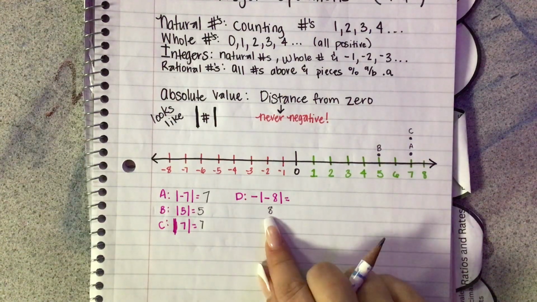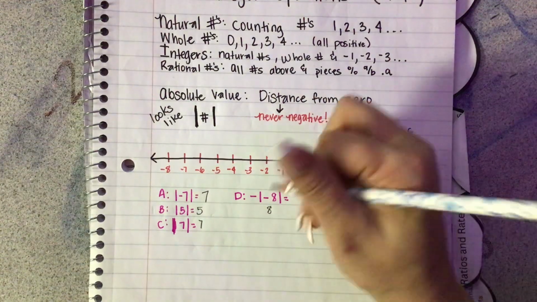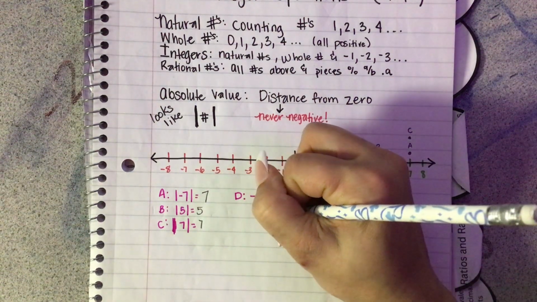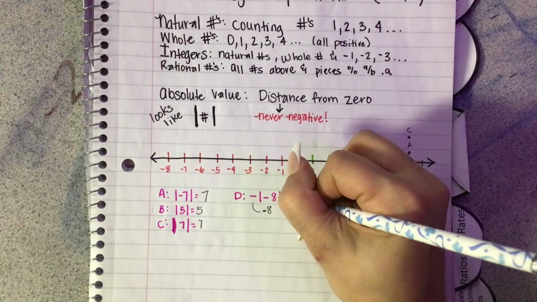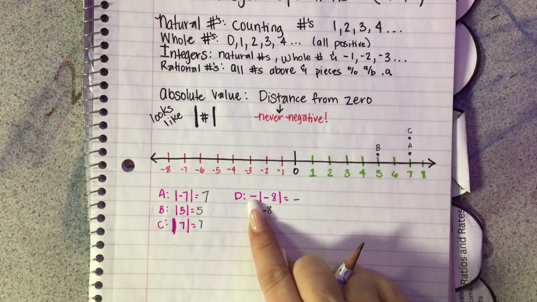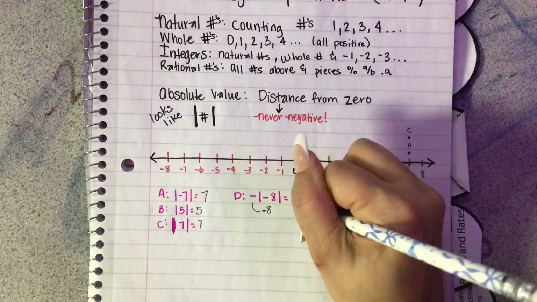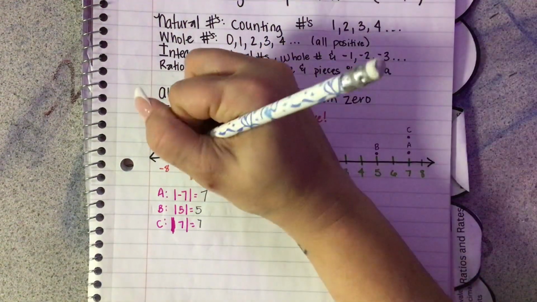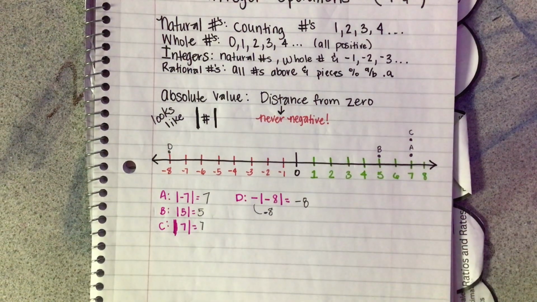So I would do what's in my parentheses first, which is bring the absolute value out for an 8. But then that negative sign is going to carry to my answer, resulting in a -8. I would plot my point over my -8 and I would identify it with the letter D.